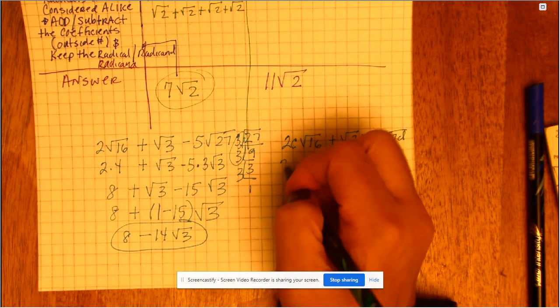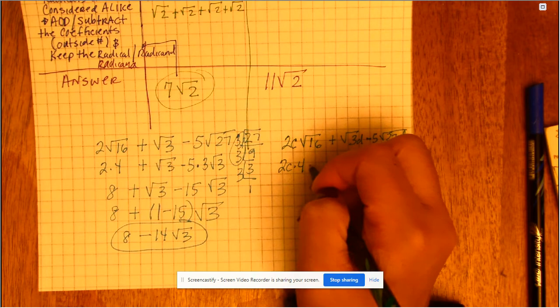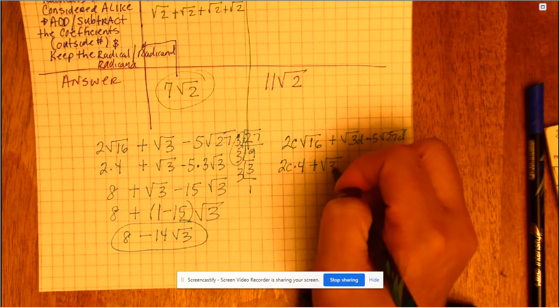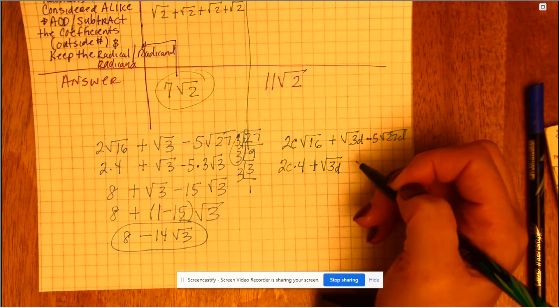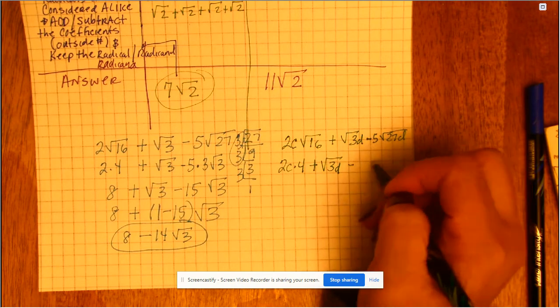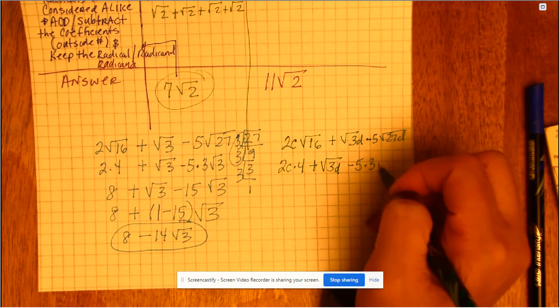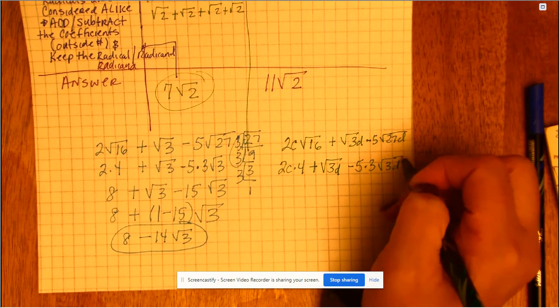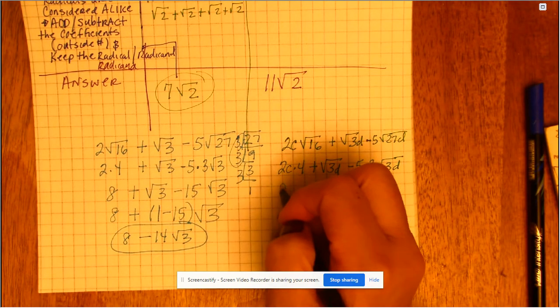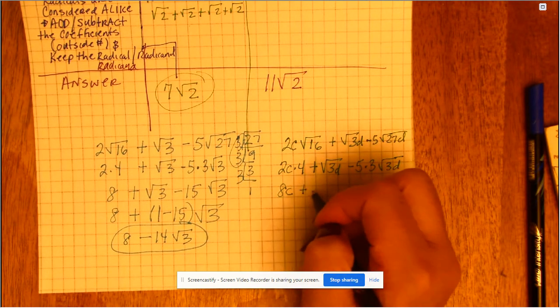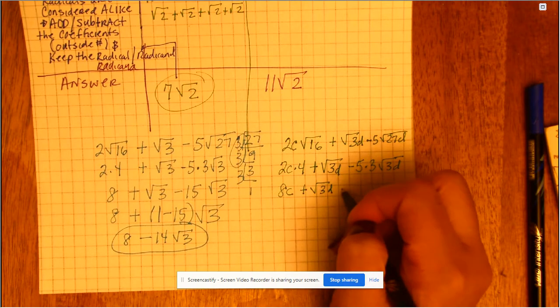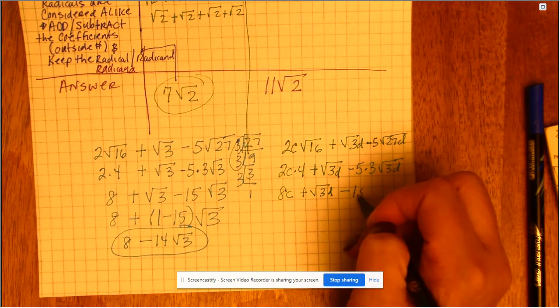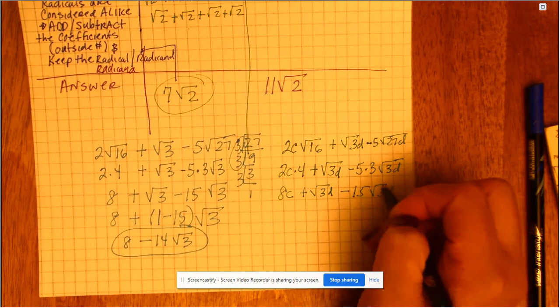Well, the 4 is still going to come out here. The 3d is still going to stay inside. It can't be simplified any further. And this is still going to produce a 3 to come out and a 3 and a d to stay in. So I end up with 8c plus radical 3d minus 15 radical 3d.